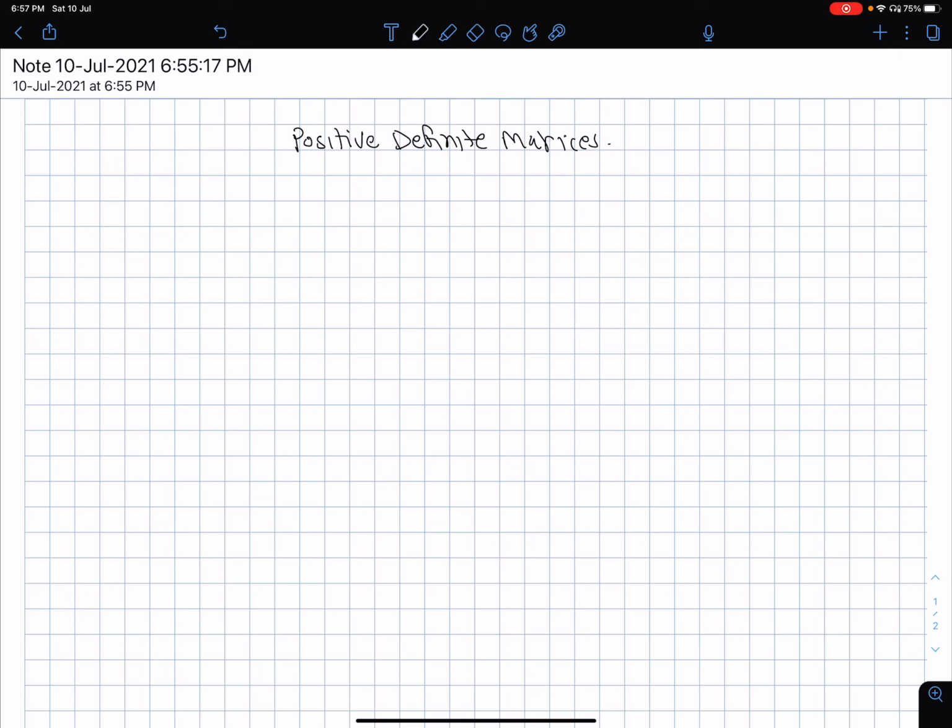The set S is convex and non-empty, and the set S was taken to be an open set for technical reasons, as I explained in the last class.